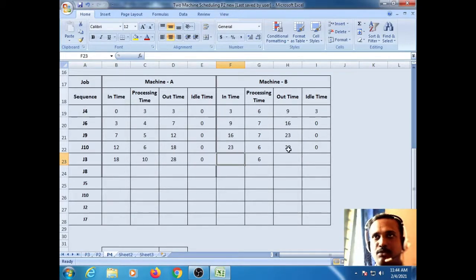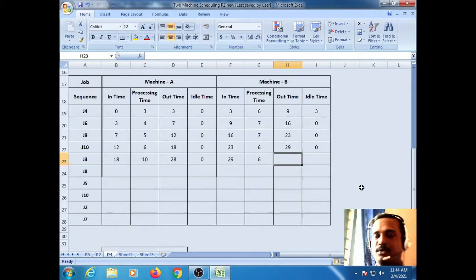So 28, 29. Simply you take 29 here. Okay, so which one is max, 28 or 29? 29. At 29th hour the machine B is ready to perform the task, but at 28th hour the job is there to process, even though it is not possible to process on machine B because it is still processing the previous job. At 29th hour it is free to process the next job.